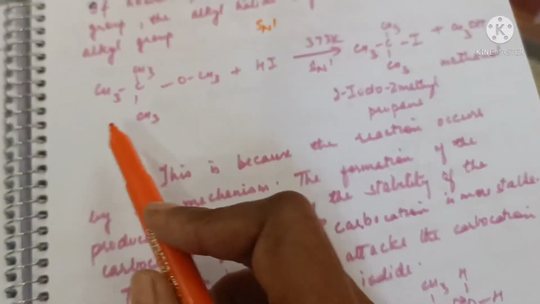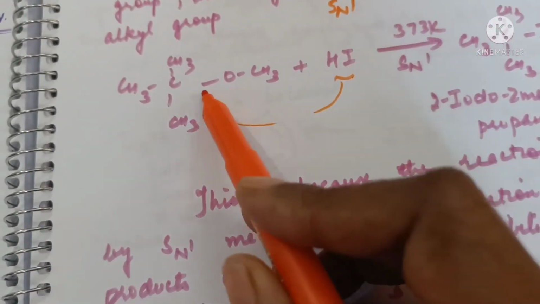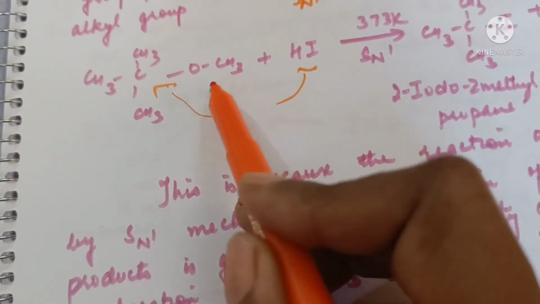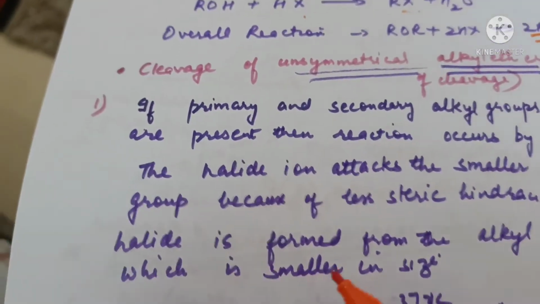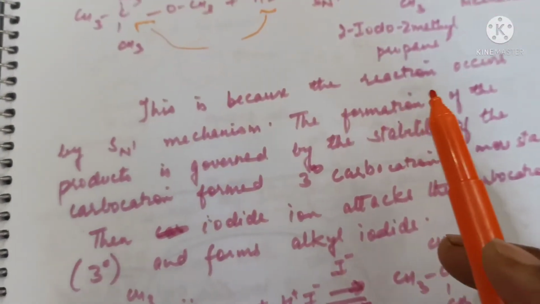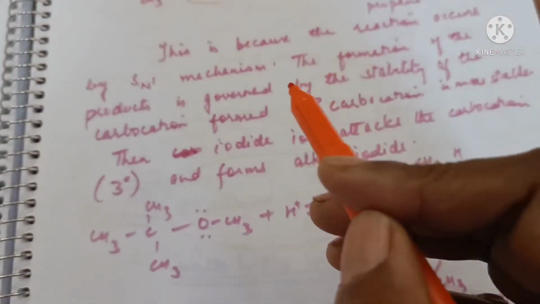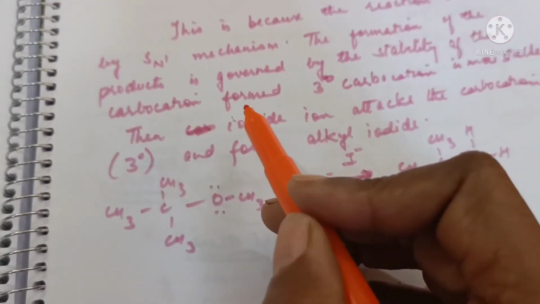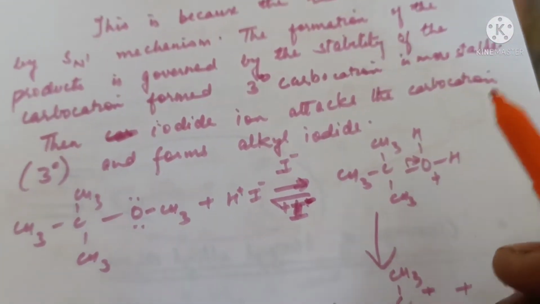So in case the ether contains a tertiary group, the halide will go to the tertiary group, and the other group will form the alcohol. This is different from the SN2 mechanism. The reaction occurs by SN1 mechanism. The formation of products is governed by the stability of the carbocation, and as the tertiary carbocation is more stable, that is formed.